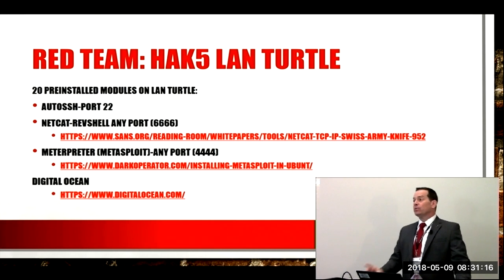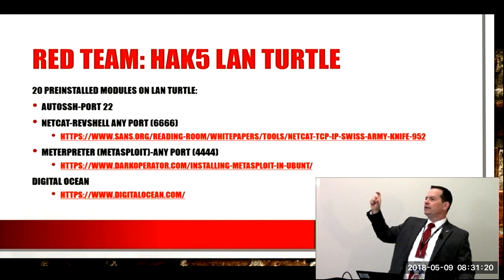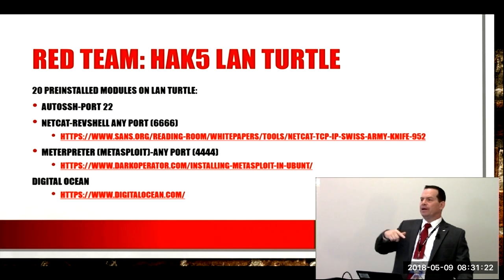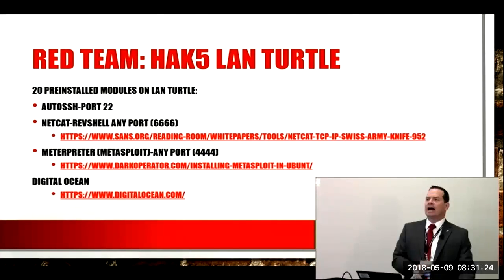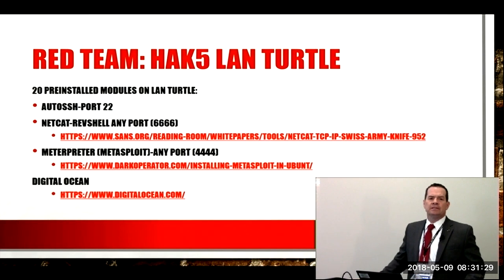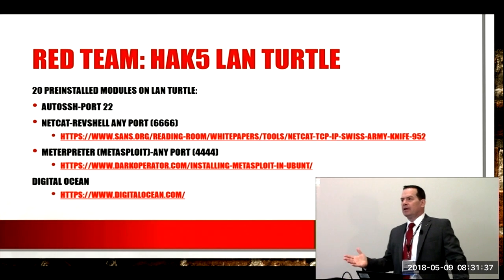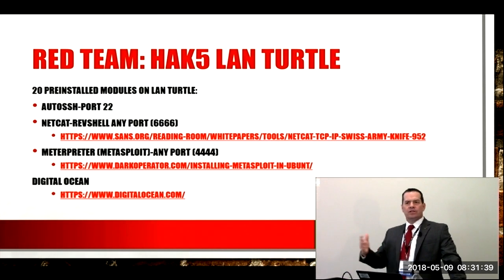In order to do that, I needed something on the internet that would be able to communicate with the Land Turtle, which was inside of my network. If you're familiar with DigitalOcean, you can buy a Linux server on DigitalOcean for as little as $5. It's a great resource for having something to communicate to outside of your network.